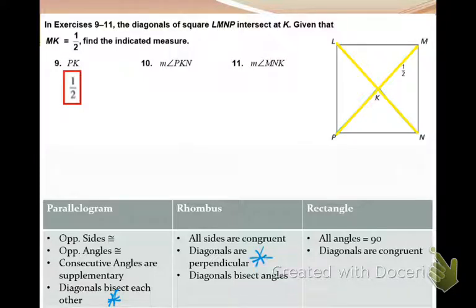So the measure of PKN is going to be 90, because in a rhombus the diagonals are perpendicular, and that's also true in a square. So all of these angles around the center will be 90. That is true in a rhombus and a square, but not a rectangle.